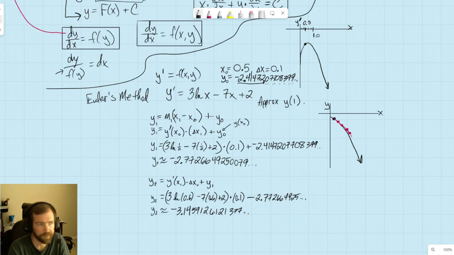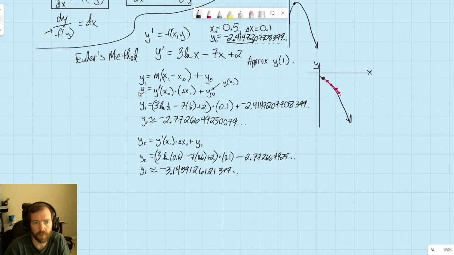Okay, and then again we do the same thing where we want the value at, this is going to be 0.6, this is 0.7, now we do 0.8, x equals 0.8.